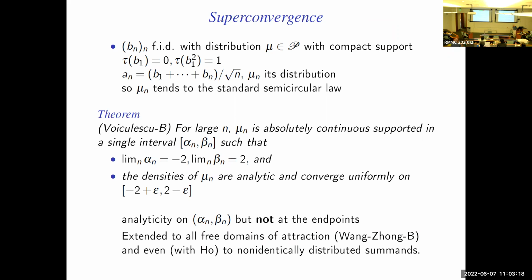And this even extends to non-identically distributed summands. So whenever you have a limit of this type to something that necessarily has to be an infinitely divisible measure, actually you have analyticity and uniform convergence of the densities on the proper domains.